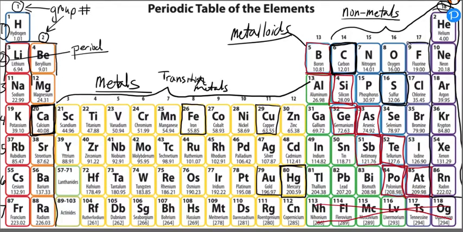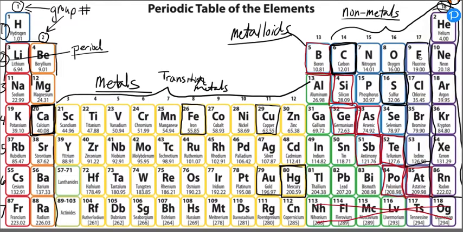This column right here, group 17, with fluorine, chlorine, bromine, iodine, is a special group. These are called halogens. If I remember correctly, the term halogen has to do with the fact that it forms a salt, meaning salt forming. If you think of chlorine, for example, when chlorine bonds with sodium, it creates table salt.